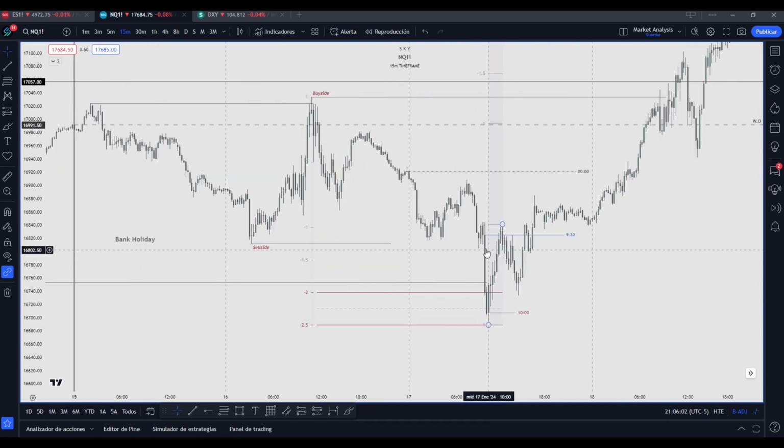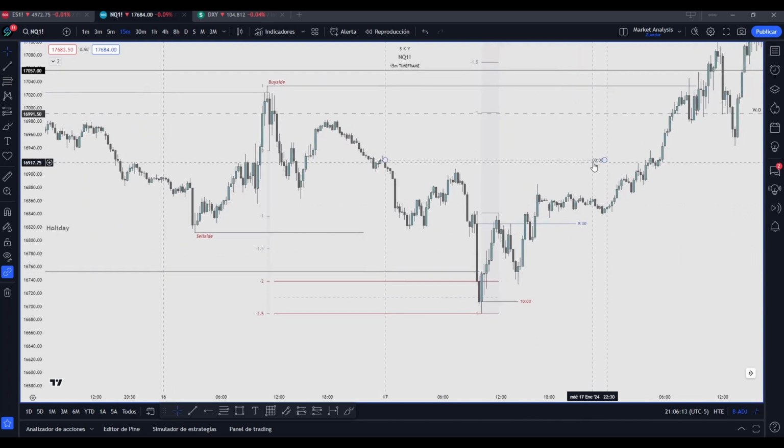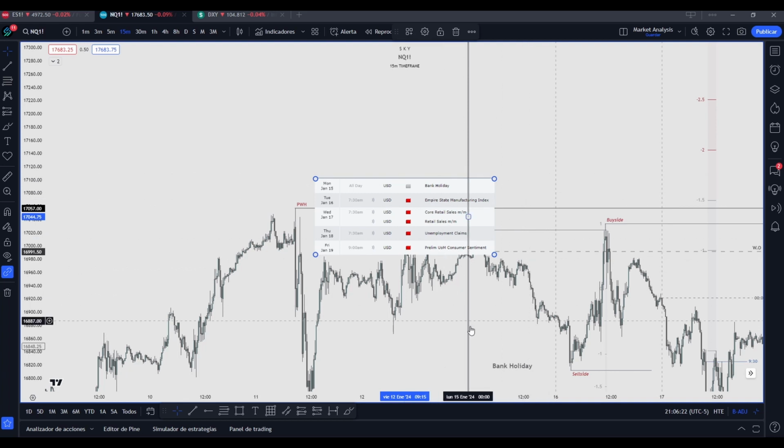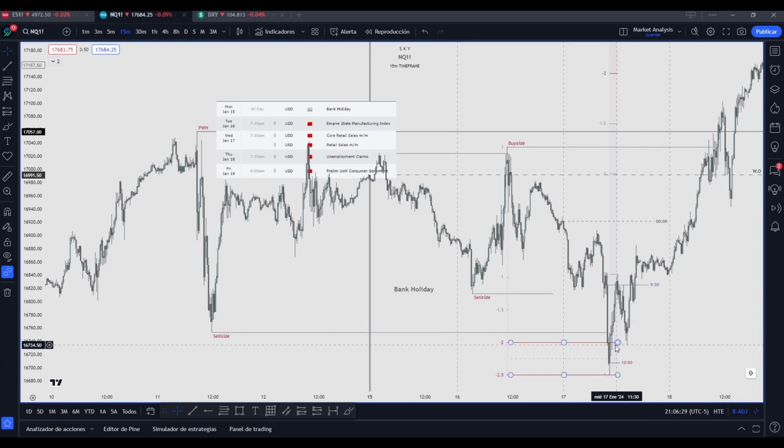So 9:30 is more important to me than 8:30. 8:30 I will use more on forex, not indices. So 00, 9:30 and 10:00 for our 4-hour power of 3. We have our news calendar. We have a news release at 7:30 a.m., so we are already trading after the news release, so it's no problem.